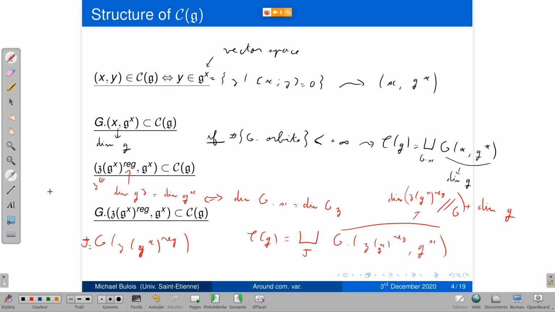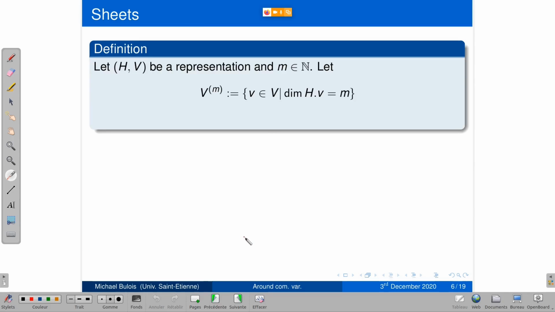Here, one thing which is important is that we have this equality of dimension, and under the first projection we have fibers with the same dimension. So the sheets, by definition, and this definition is valid over any representation, you look at the dimension of the orbits for any element, and the sheets are the irreducible components of these sets.